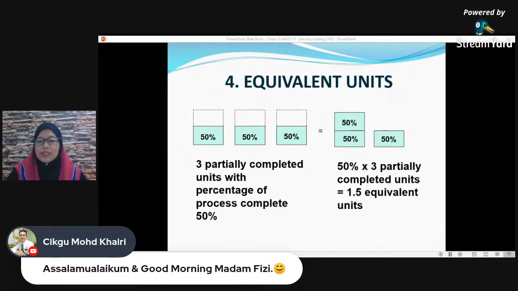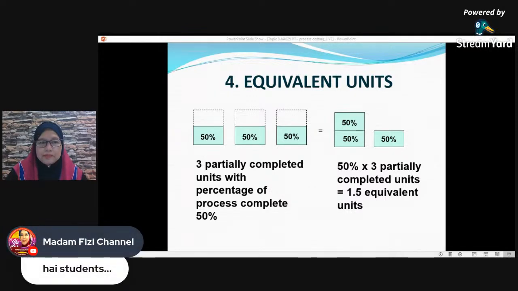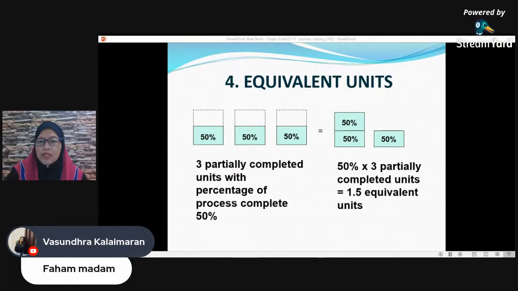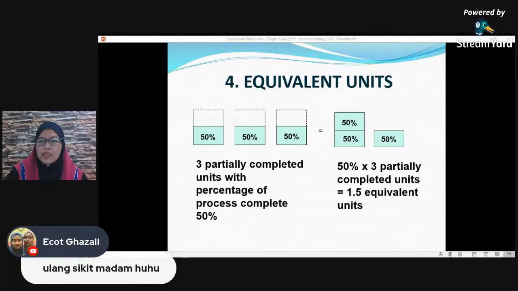So saya nak tengok respon awak faham tak pasal equivalent unit. Laila kata faham. Daniel pun faham, Wesinda pun faham, Rafiq pun faham. Eshok kata ulang sikit madam.